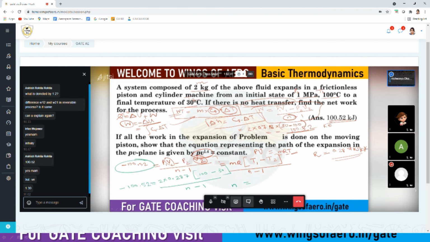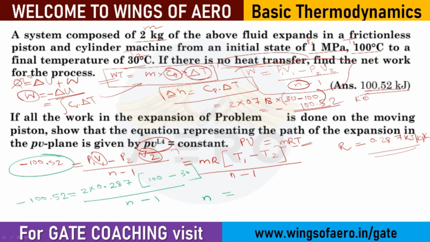Yes, you're getting 1.39, right? So that means 1.39, which we can round off to 1.4, and hence I can state it. Now see, though we have used these applications, even in GATE they will ask such kind of question. This is the process, now identify the process.